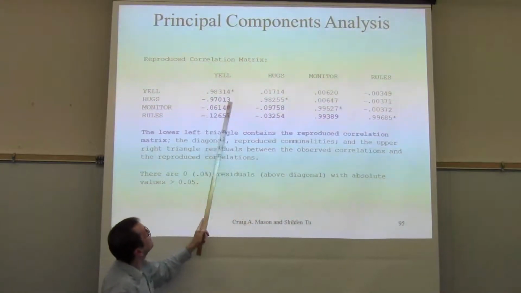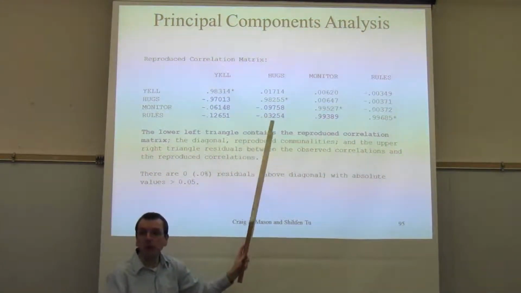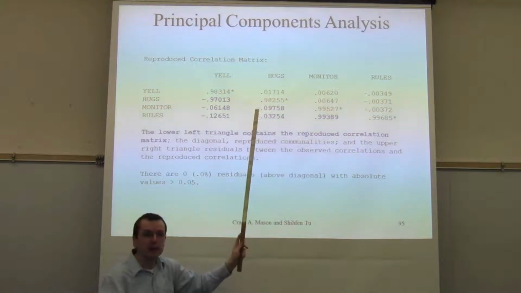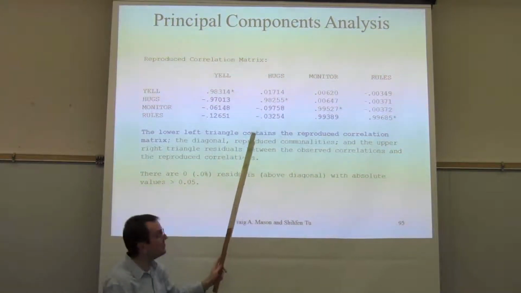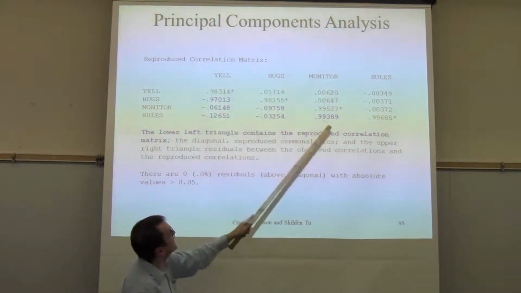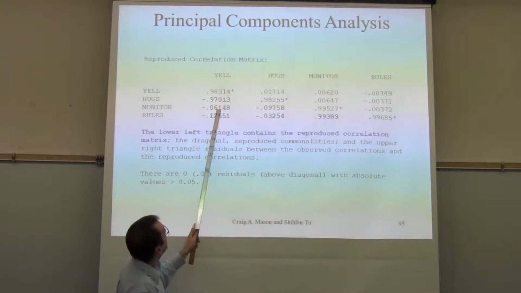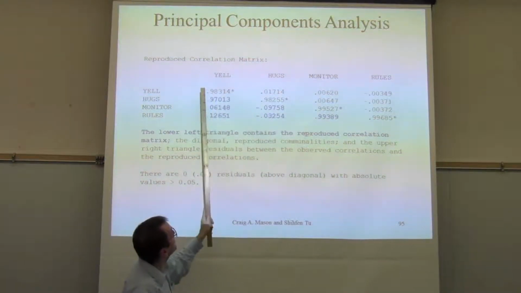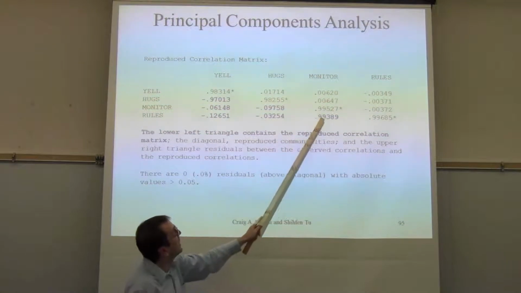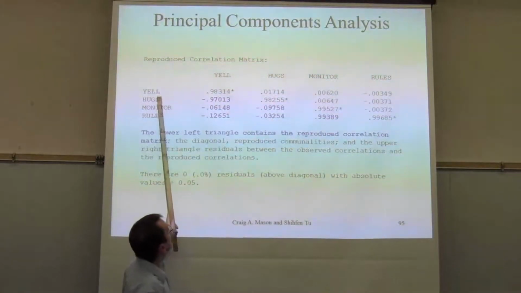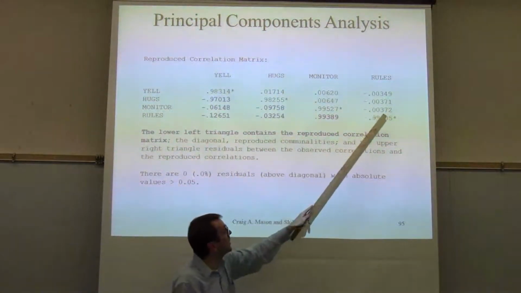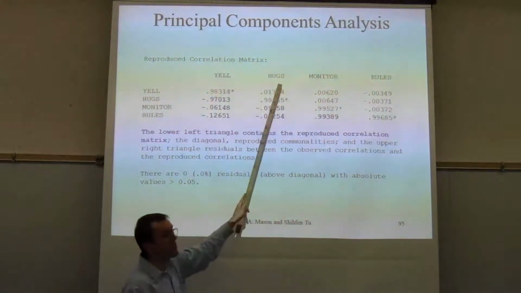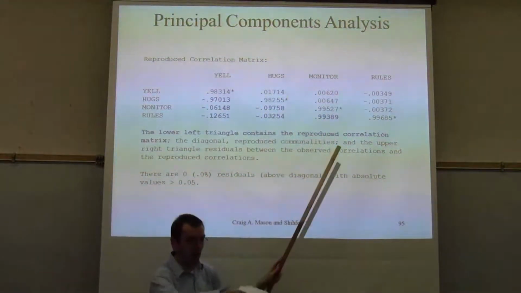This bottom matrix will be there one way or another. If you do SAS, SPSS, or SYSTAT, it's there, but the information is somewhere. Here in SPSS, it puts it in the lower diagonal of this reproduced correlation matrix. That's not the whole correlation matrix, because the correlation matrix is going to be parallel on the other side.